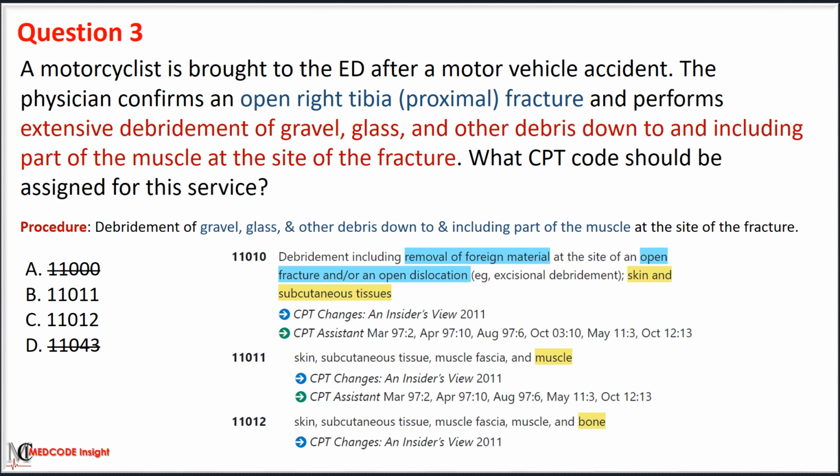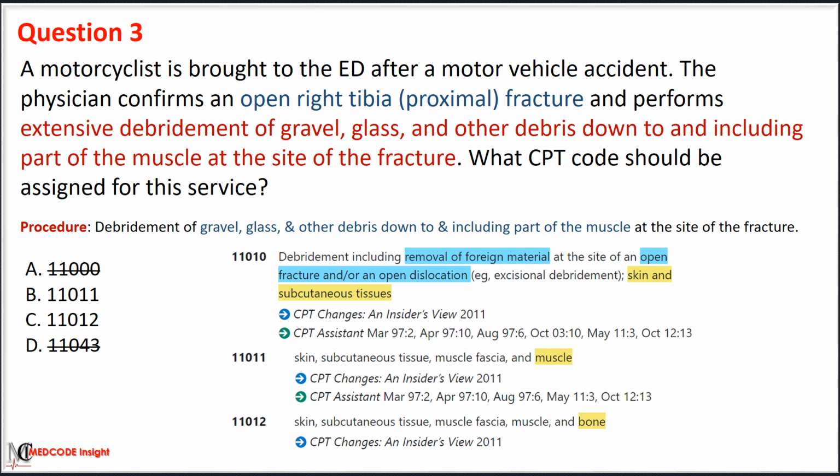After eliminating option A and D based on type of the debridement performed, we next consider option B and C. Both options are for debridement that include the removal of foreign material at the site of open fracture. Option B with the code 11011 is for debridement down to the muscle. Option C with the code 11012 is for debridement down to the bone.